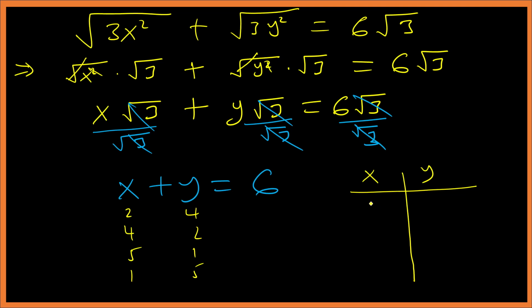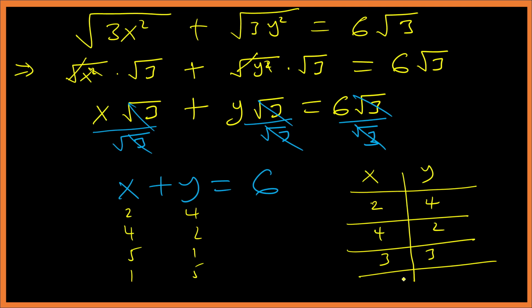So we have 2, 4, or 4, 2, 3, 3, then 5, 1, then 1, 5.